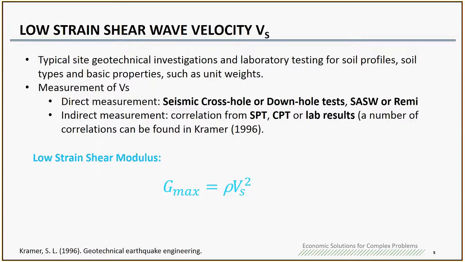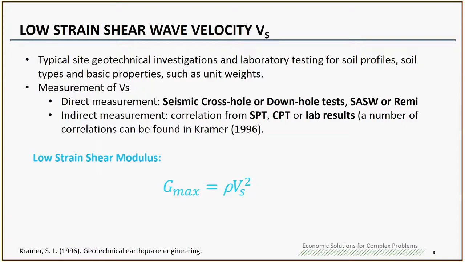And the code also allows you to use some correlations to calculate either the low strain shear wave velocity Vs or Gmax, the maximum shear modulus. There are a bunch of correlations. I will talk about that later.